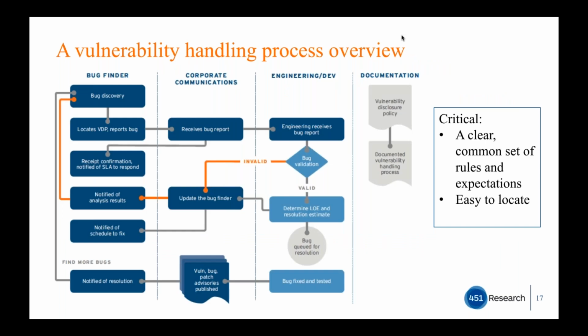So taking a look at some of these processes in detail, I think some of these may be fairly intuitive to you, but they're also fairly common. The discoverer finds an issue initially, locates the vulnerability disclosure policy, so again, just how important that is to make that easy to find, relays the report to the organization which receives it, provides confirmation when relevant, and the researcher is notified of the time frame window within which to respond.